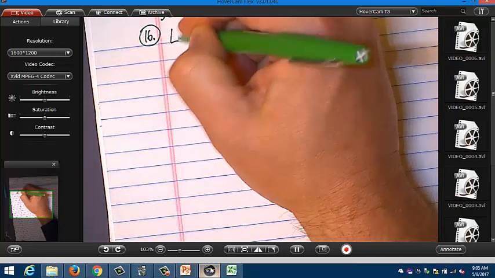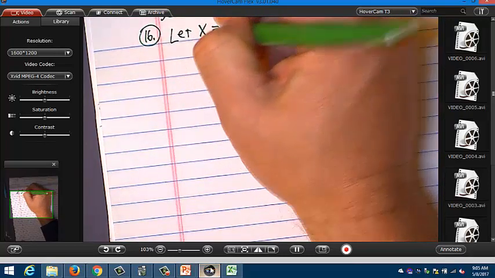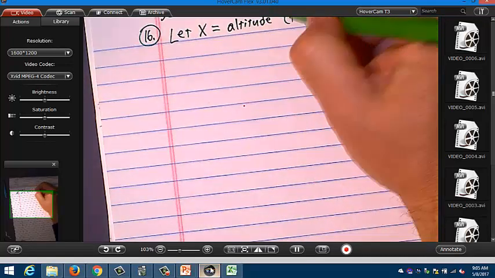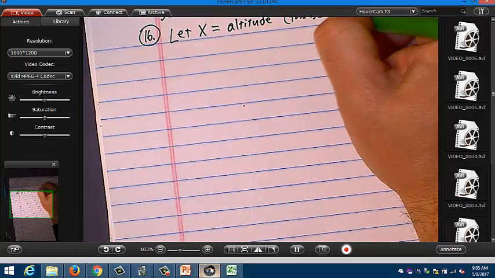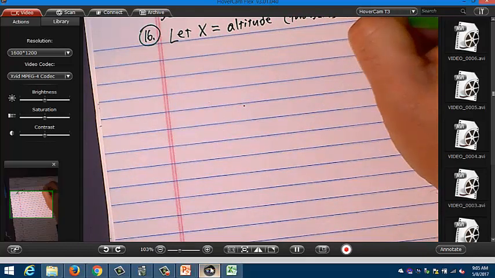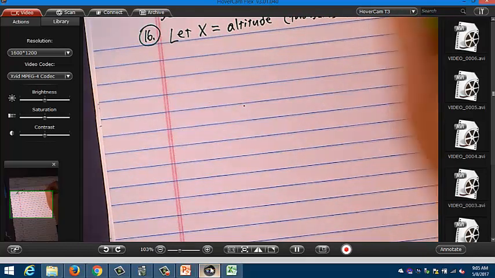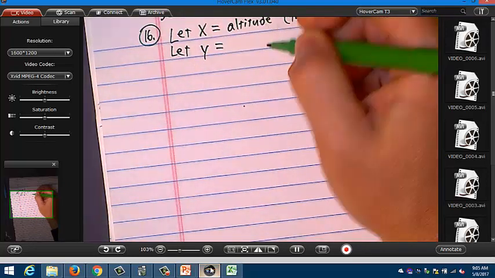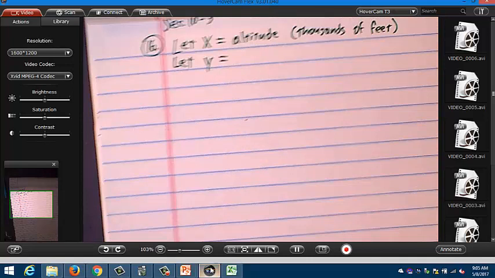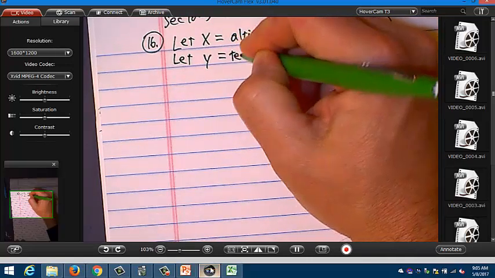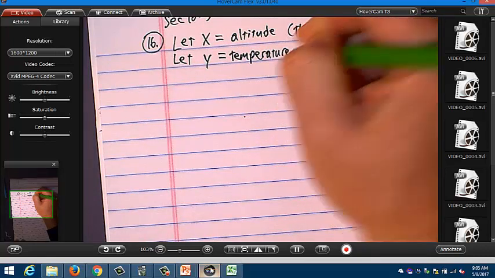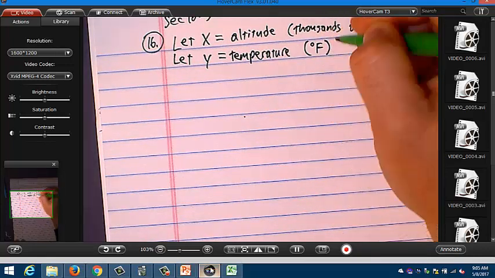Let x be the altitude in thousands of feet. Let y be the temperature in degrees Fahrenheit. Okay, I like that.